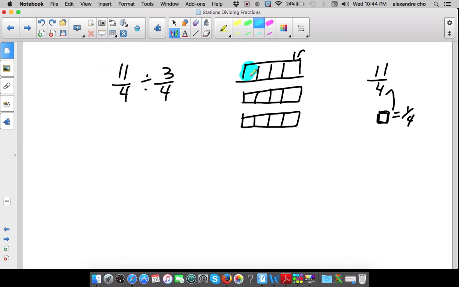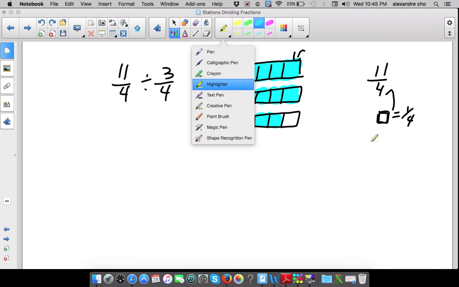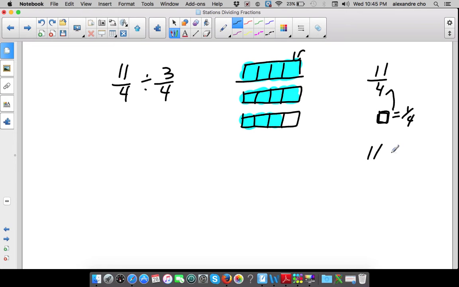This is 1/4, just 1/4, plus another one, 2/4, 3/4, 4/4, 5/4, 6/4, 7/4, 8/4, 9, 10, 11. What does that mean? You actually have 11/4. Okay, that's what this picture shows.